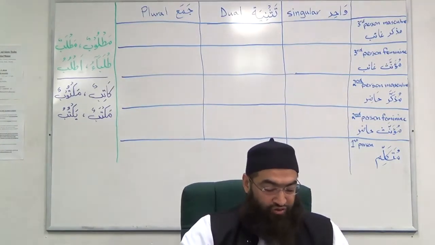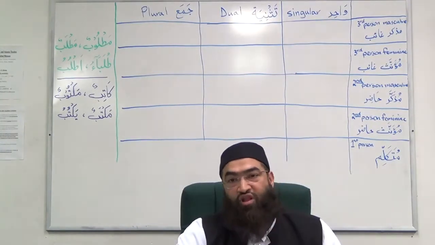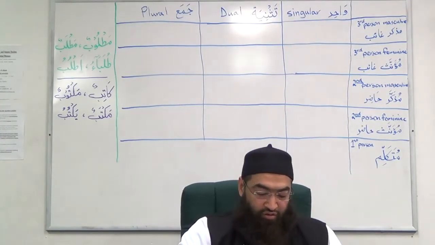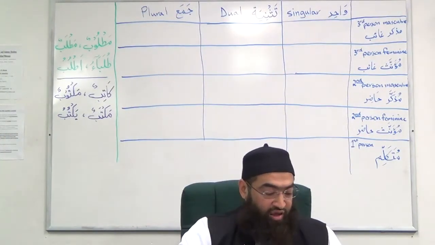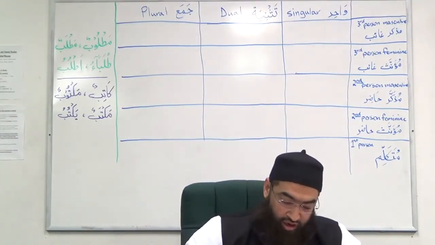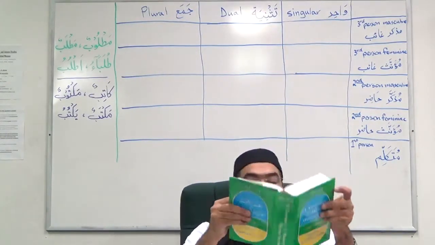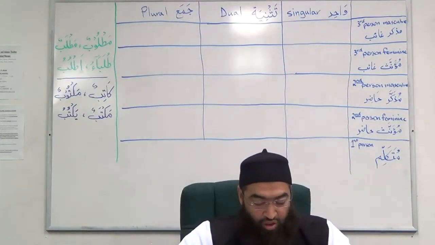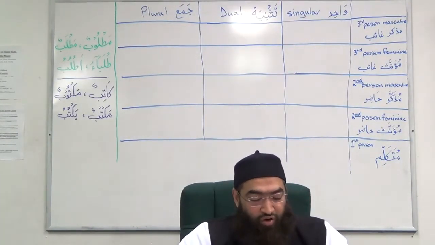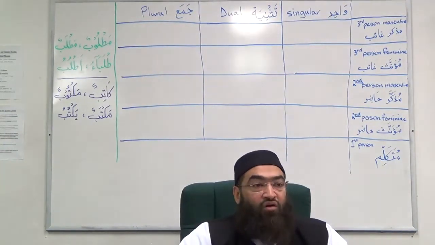Kafara. So you're going to always look at the root letters, right? So the first letter will be Kaf, the second letter will be Fa, and the third letter will be Ra. And it is on page 832 of this dictionary that we have. All right, the first translation at the bottom of page 832 is to cover or hide.